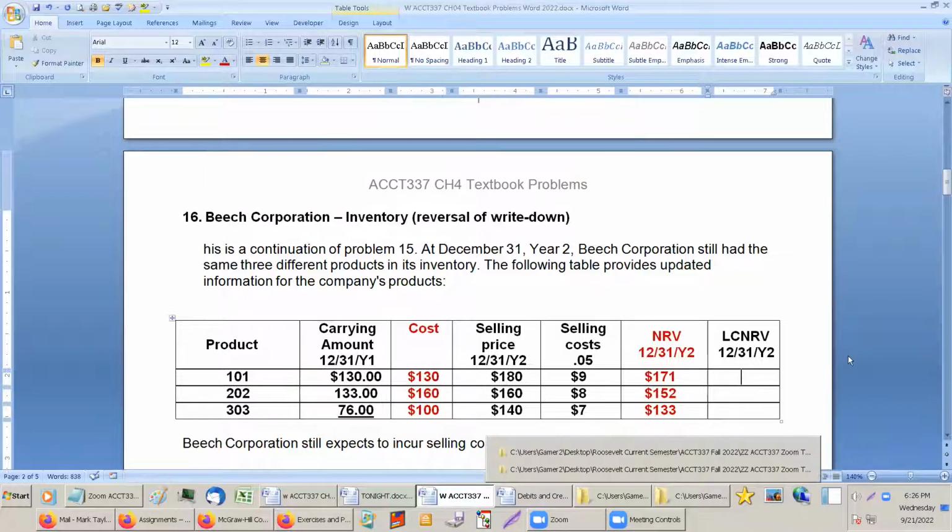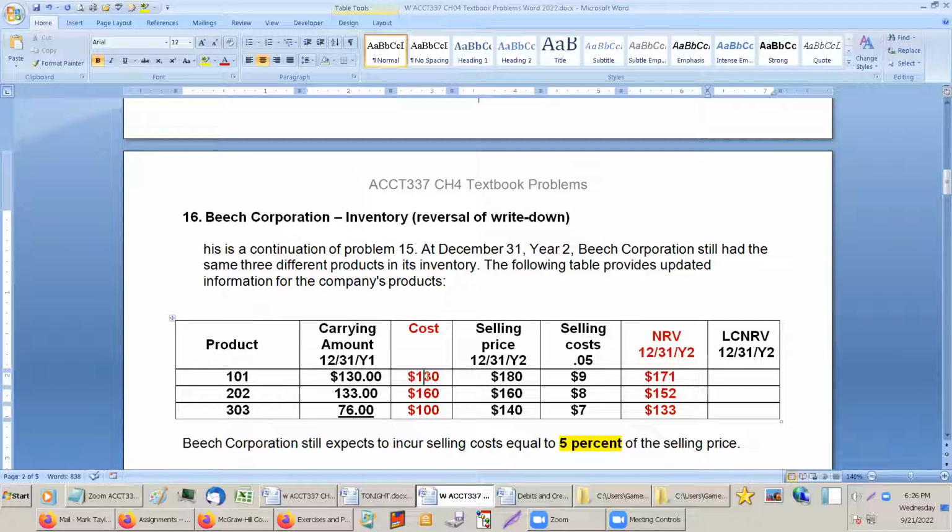Okay, so lower of cost or market, this would be cost 130 and value, and so that would be 130. $160 versus 152, so this would be 152. $100 versus 100.